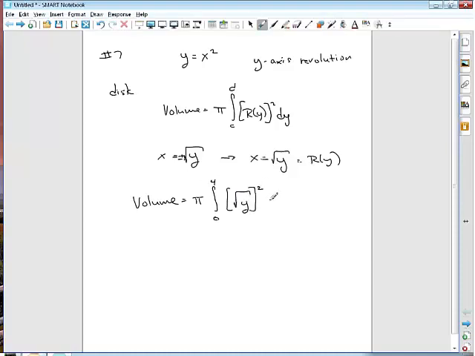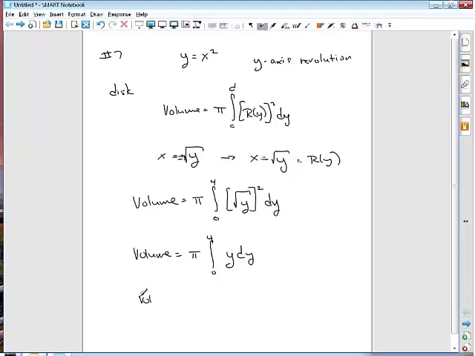And we square that and we multiply by dy. So we multiply out what's inside. Square root of y squared is y.